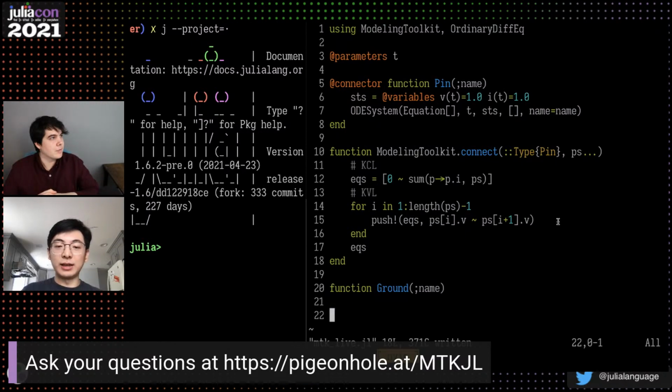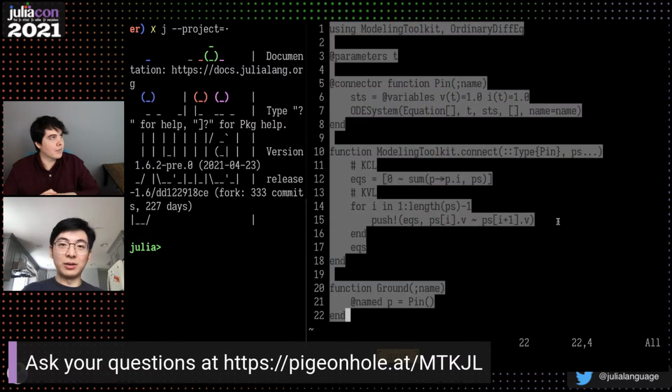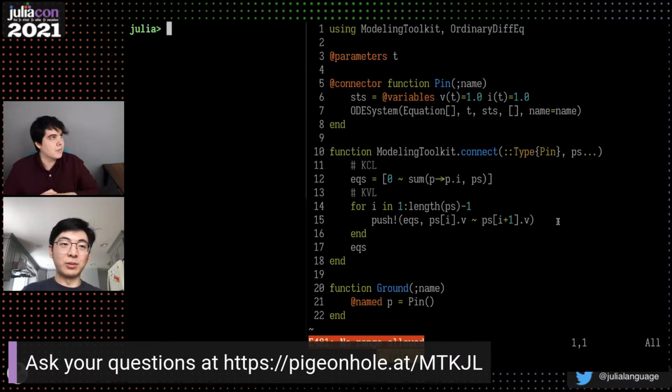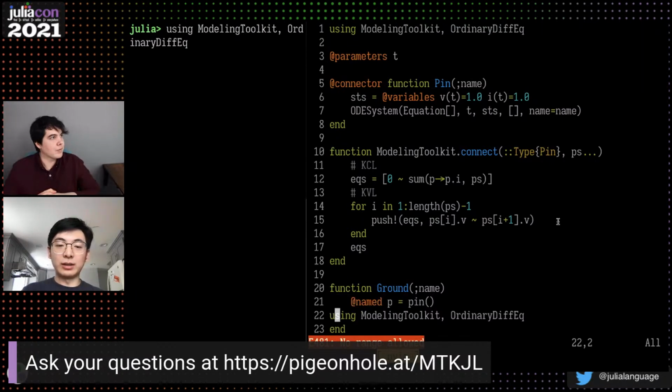So all components take a name, and then we can use the named macro. Let me explain how the named macro works. We declare the positive pin, basically the positive terminal, and then the negative terminal.